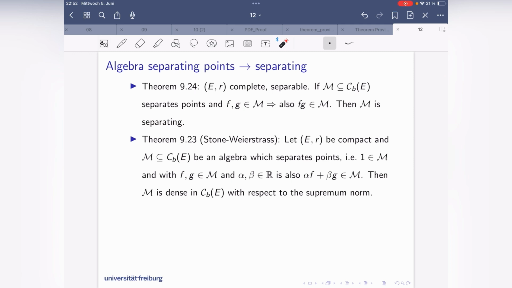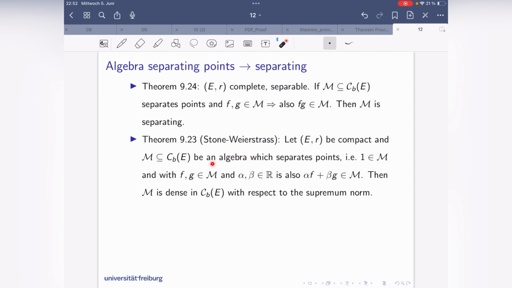So that's the following. I have a compact metric space. I have a set of functions which separates points. I have that the one function is in this space M. And well, it's an algebra.